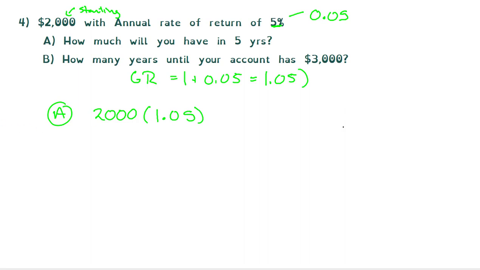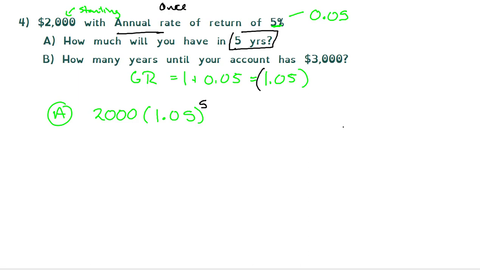Your exponent would be how many periods. If it says it's annual, that means once a year for 5 years. So how many times will that happen? It would happen 5 times. So on this one, all we have to do is type this in our calculator and we come up with a number.